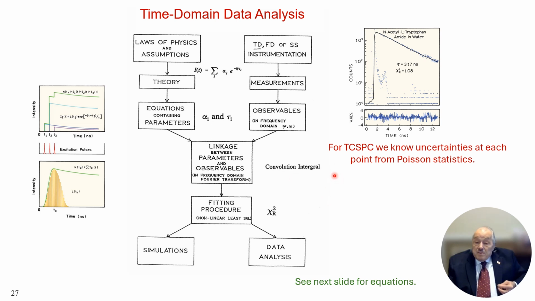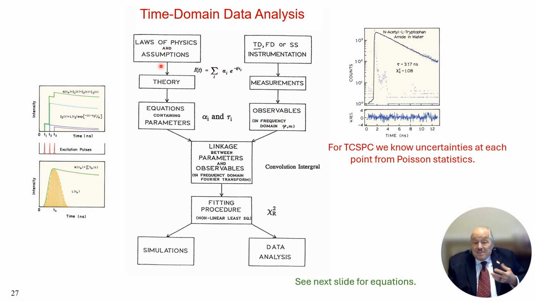So what do you do when you do a time domain analysis? I like this chart. I've used it a few times. And if you're really mathematically inclined, on the next slide, I have the same chart with the equations on it. Basically, you do your measurements, which gives you your observable quantities.